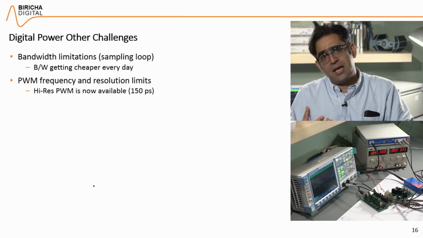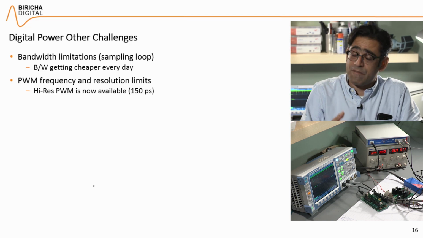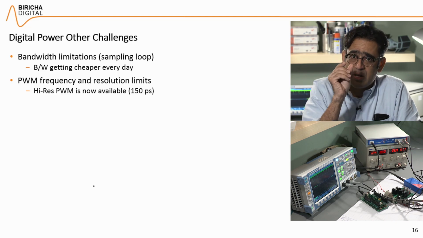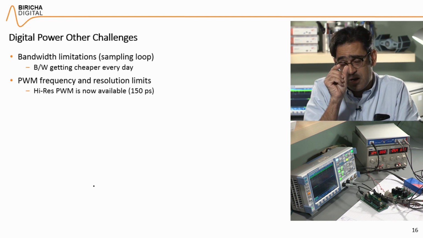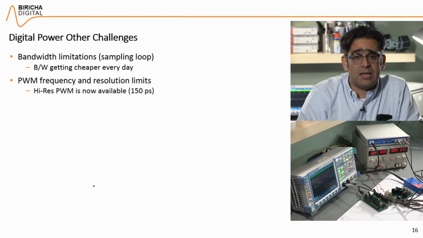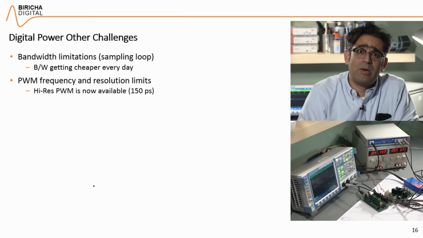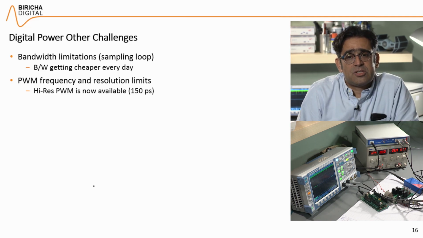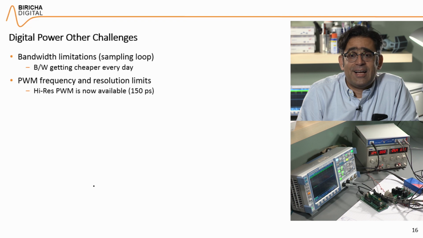So if you have got a slow microprocessor, or you are switching very, very fast, or you are stepping up or down a lot so that each PWM step represents a large voltage change, you may end up with a problem that your minimum PWM step in digital is too large, and that's a PWM frequency and resolution limit. However, again, the chips are getting ever more sophisticated with high-res PWM on the latest chips, including the C2000. They're down to 150 picoseconds per step. Now that is very, very good.